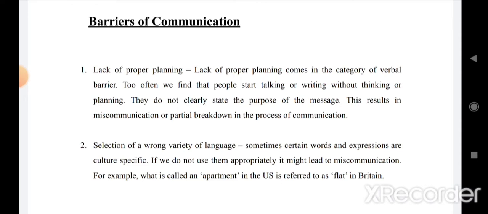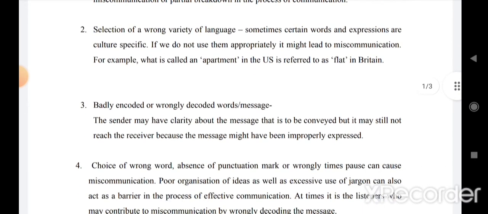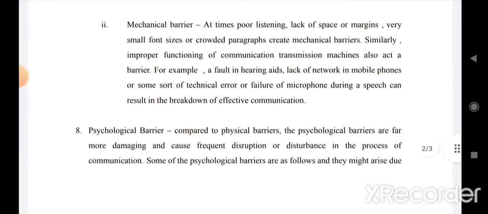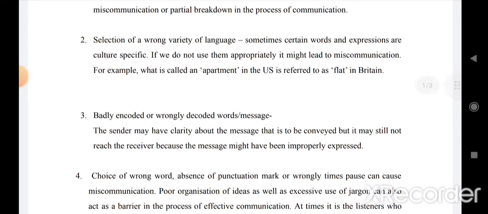Next, what is the second barrier of communication? Selection of a wrong variety of language. Now, sometimes certain words and expressions are very culture specific. If we do not use them appropriately, it might lead to miscommunication. For example, I'm giving you a very simple example. What is referred to as an apartment in the US is referred to as a flat in Britain.